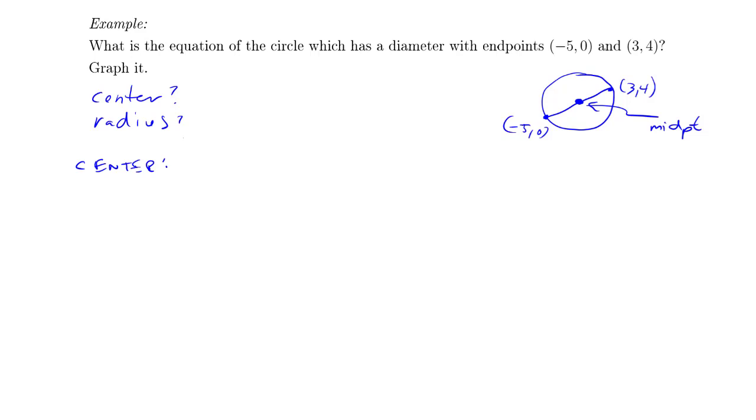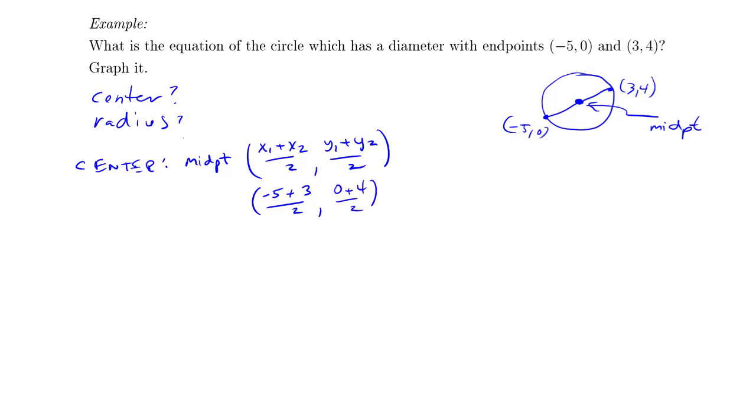I'm just going to say it's the midpoint, and we know that that was x1 plus x2 over 2, y1 plus y2 over 2, and that would give me -5 plus 3 over 2, and 0 plus 4 over 2, and I would get the midpoint to be, that's negative 2 over 2, so that's negative 1, that's 4 over 2, and that's 2.